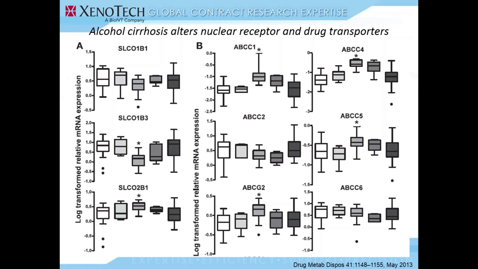In this figure, the groups of patients are, from left to right: normal, steatosis, alcohol cirrhosis, diabetic cirrhosis, which is alcohol cirrhosis in patients with diabetes, and diabetes alone.